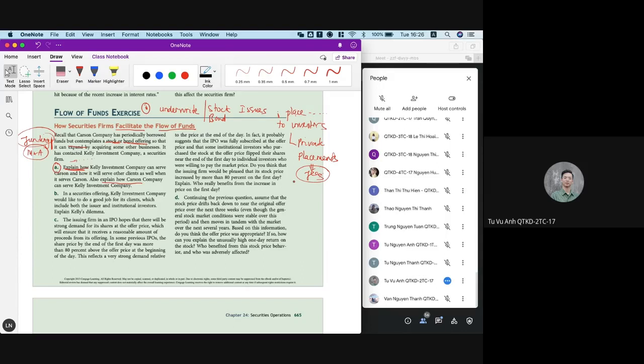and Kelly Investment has the obligation to serve the investor.